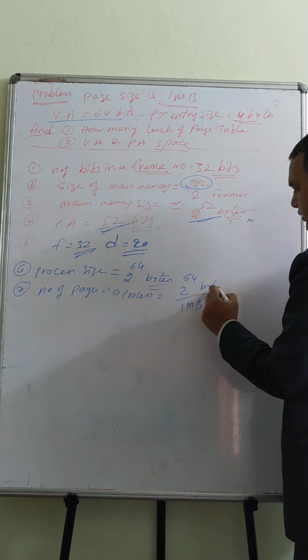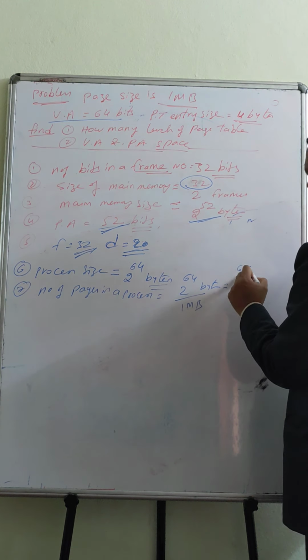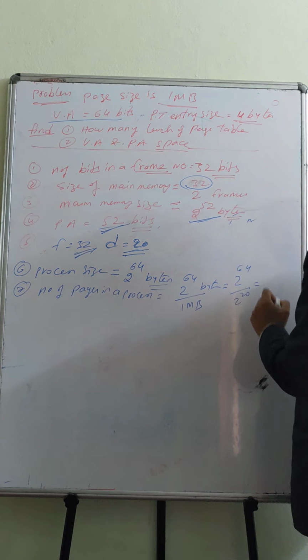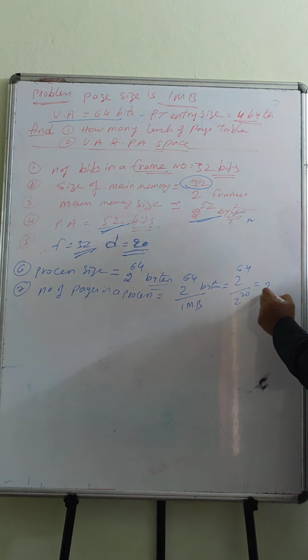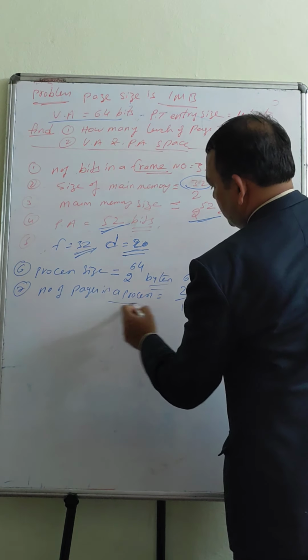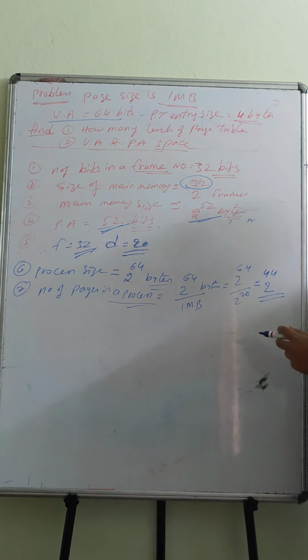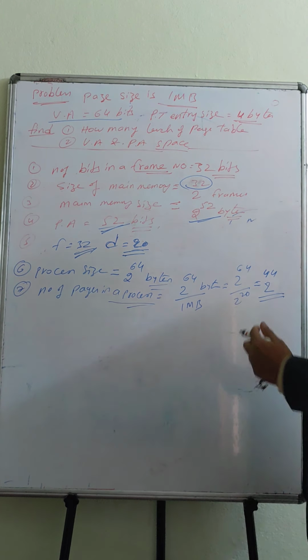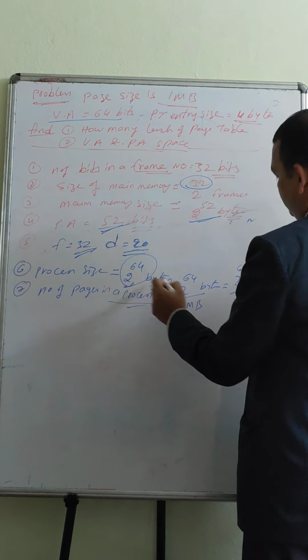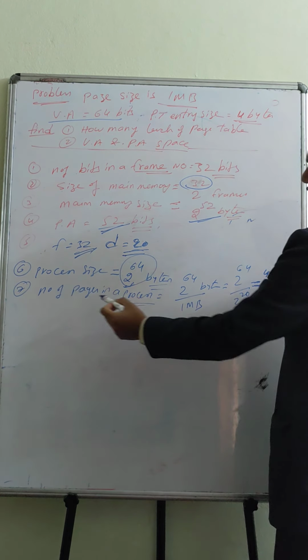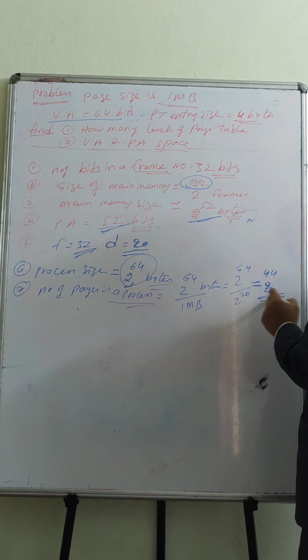This is in bytes. It is equal to 2 power 64 by 2 power 20, which is 2 power 44. So 2 power 44 pages are there in the process. Total process size is 2 power 64 bytes, and the number of pages is 2 power 44.